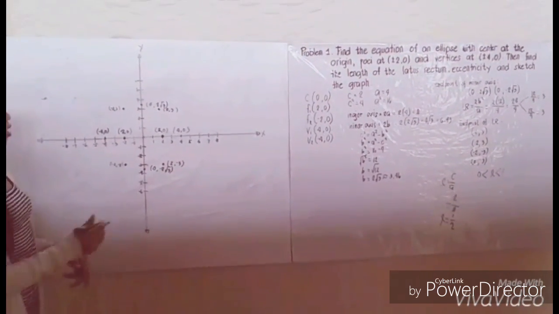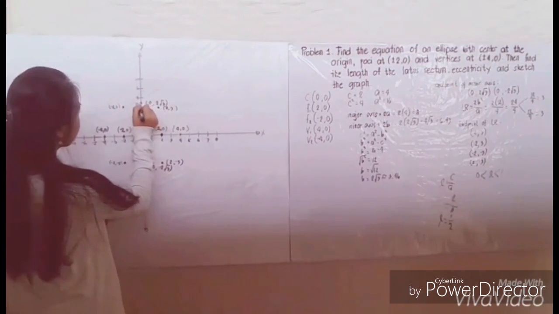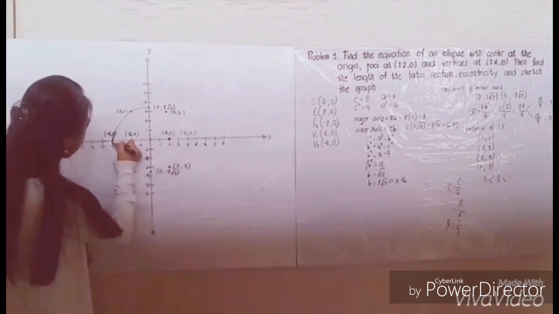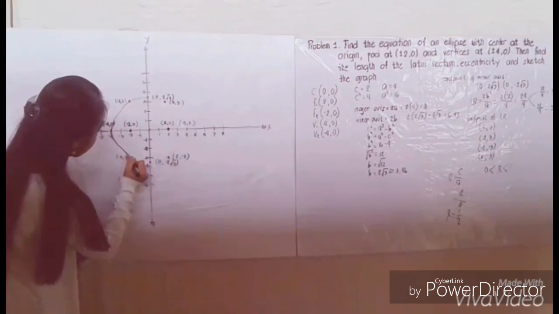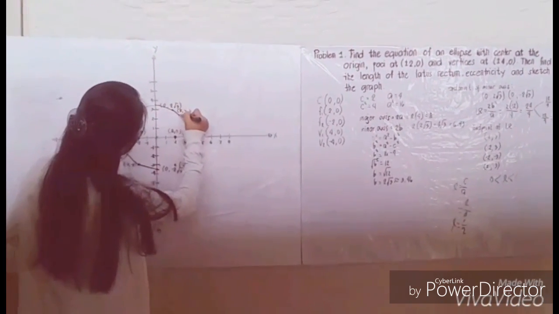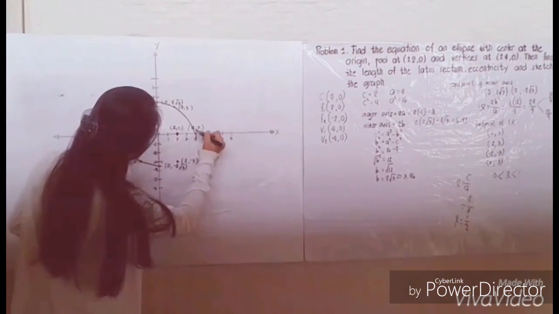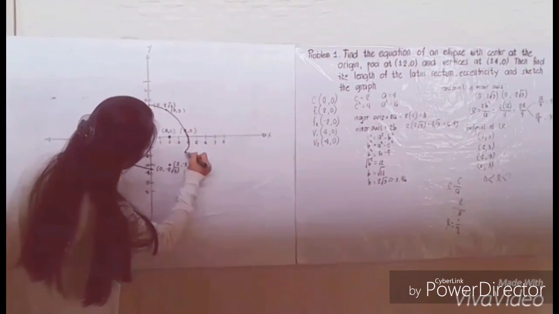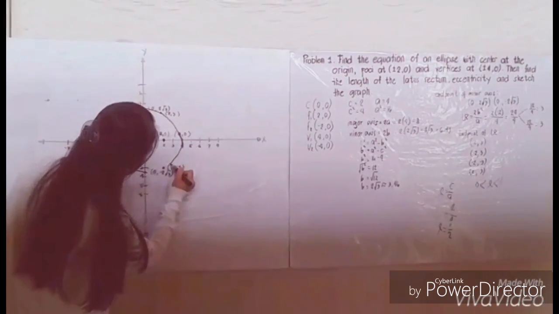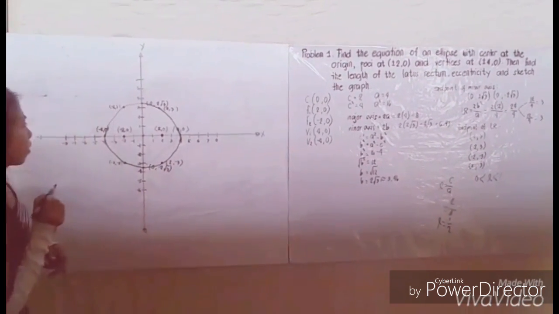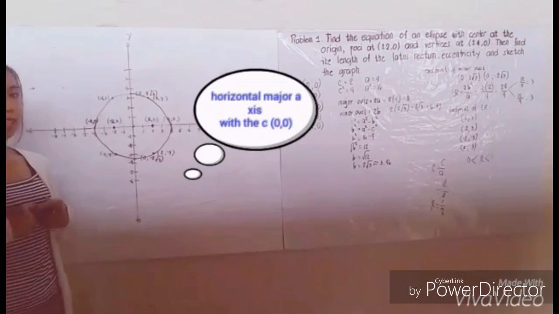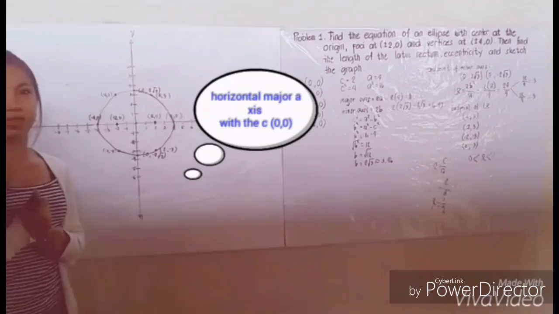So connect the points of the ellipse. So this graph has a horizontal major axis at center 0, 0.